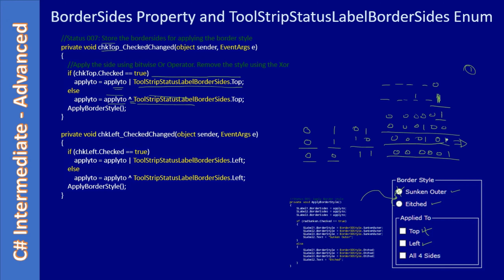Now both are equal, that means this is 0 0, and where bits alternate, we will get 1, giving 1 0 0 0. And if you see, now top is revoked and only left is staying here. So that's the use of this XOR.